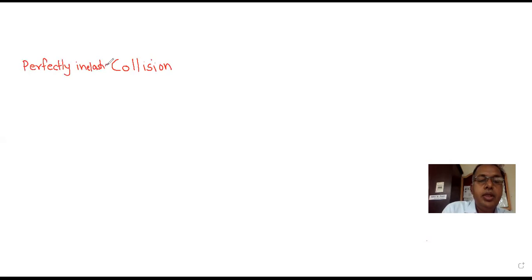So let us just revise this की तुम्हाला समजून सांगतो परत एकदा की in the perfectly inelastic collision, suppose this is one body of mass m1 and let us say this is another body of mass m2. Okay, so I have considered two bodies. One is having a mass m1 and other is having a mass m2.